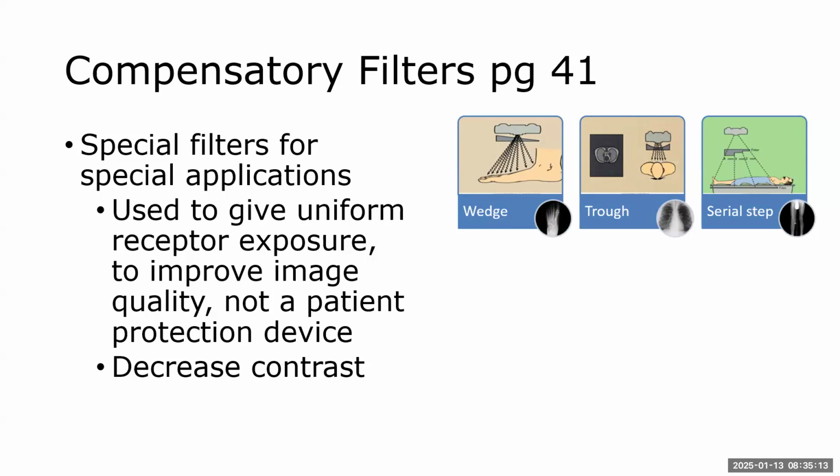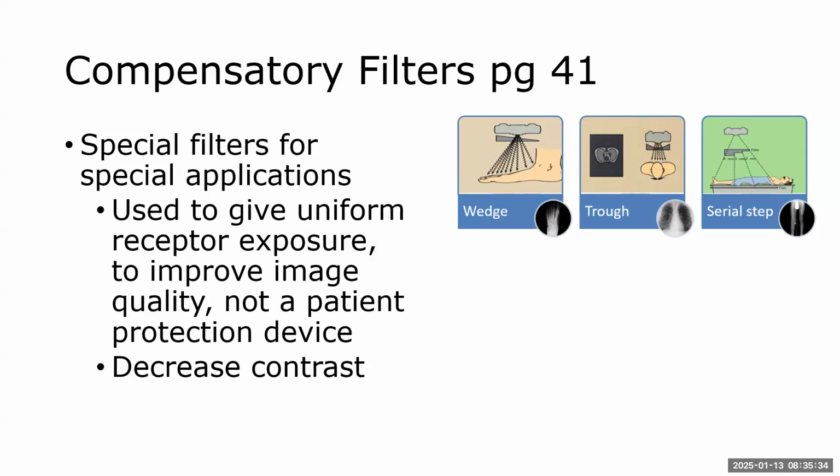Especially with film, can you see how that would be a problem? If you got the technique accurate for the hip, what's the ankle going to be? If it's good for my hip, is the ankle going to be under or overexposed? Overexposed. That's right. And the opposite would hold true.